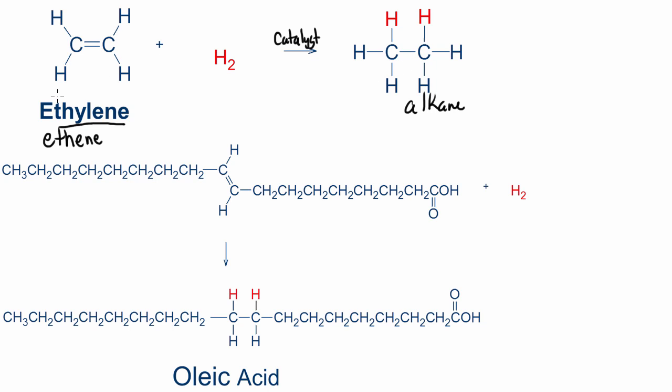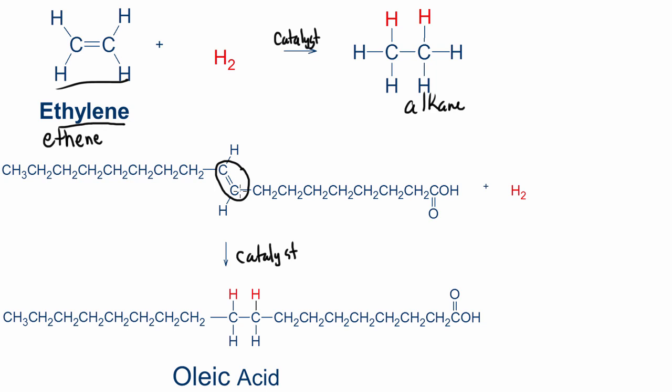Okay, so this is the small molecule, and here we have a fatty acid, and notice that we have one carbon-carbon double bond. Well, it also undergoes reaction with hydrogen. Again, we need a catalyst here, and the same reaction is going to take place.